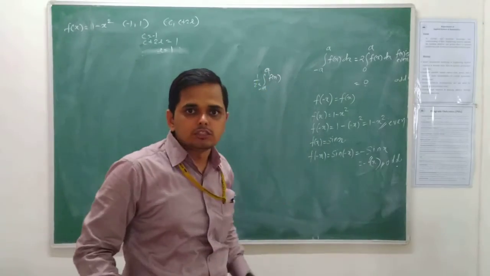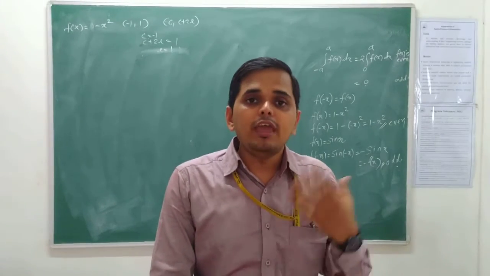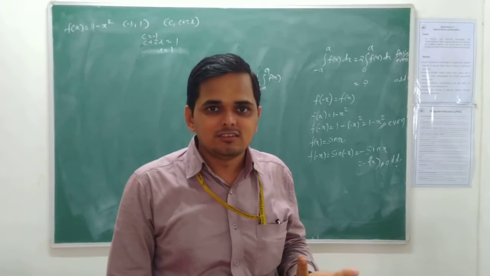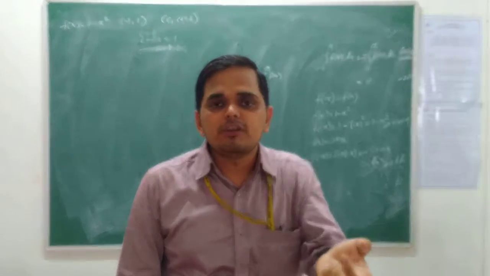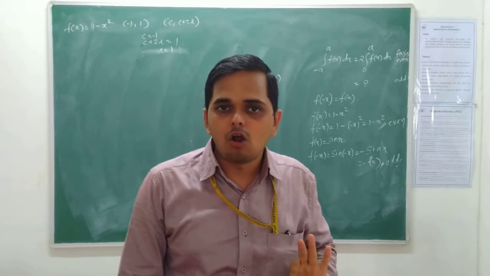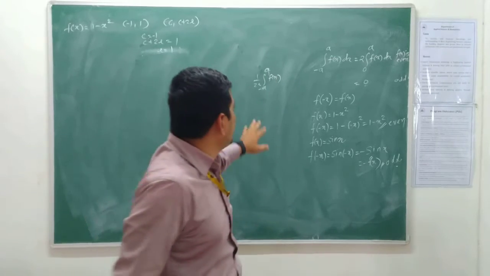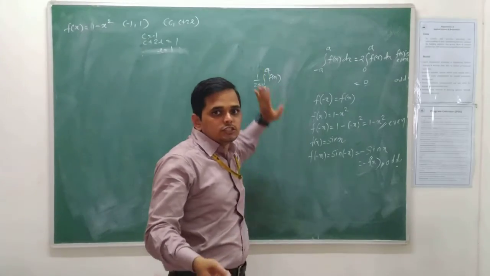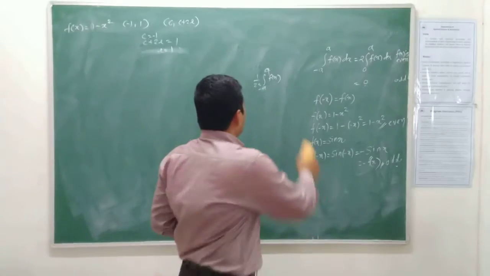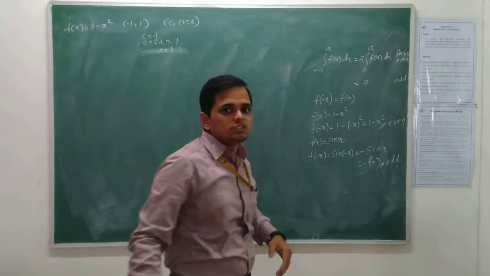So a0 will be 0. For an, we have f of x into cos. f of x is an odd function, cos is an even. Odd function into even function, this product is always an odd function. Of course, integration from minus L to L of f of x into cos is also going to be 0. So in case of an odd function, a0 and an are zeros.